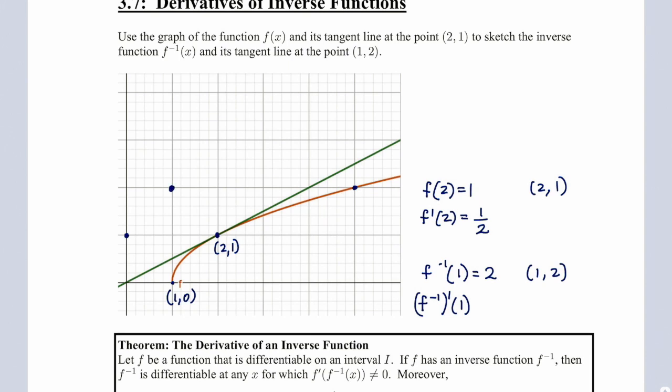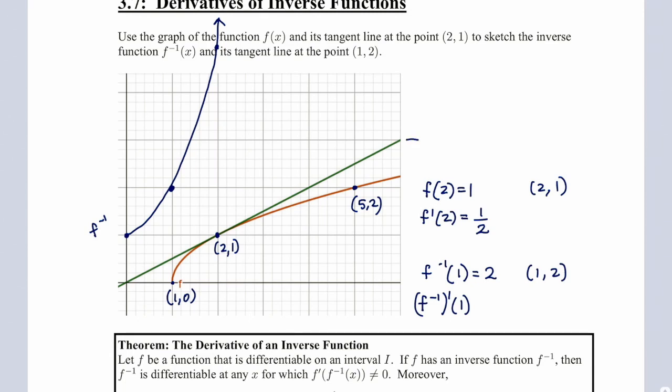And I can see this is (5, 2) on f, so I want to have (2, 5) on f inverse, and that's a little bit above my chart here, but we can see that this would be a sketch of the graph of f inverse. Right, so all of the x's and y's are just flipped.